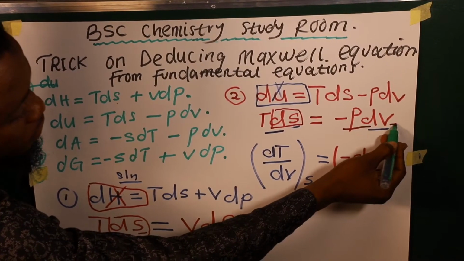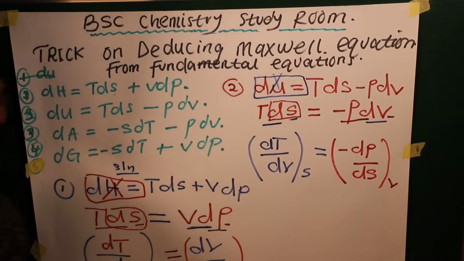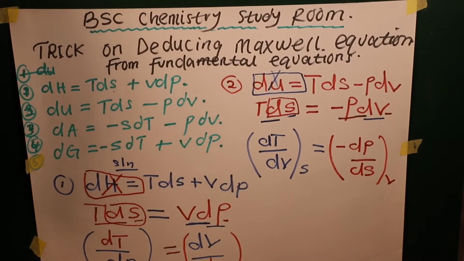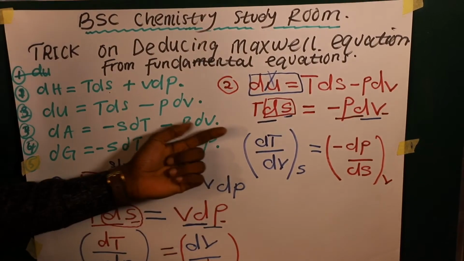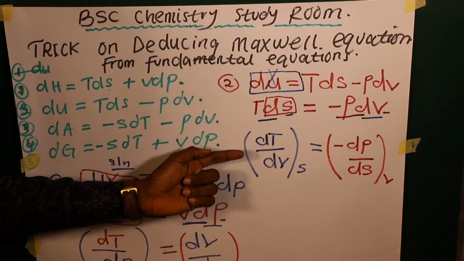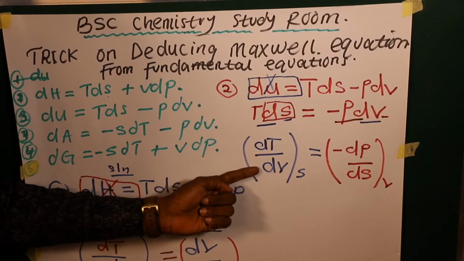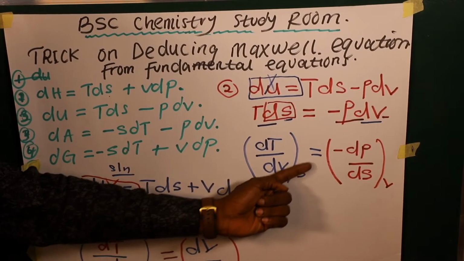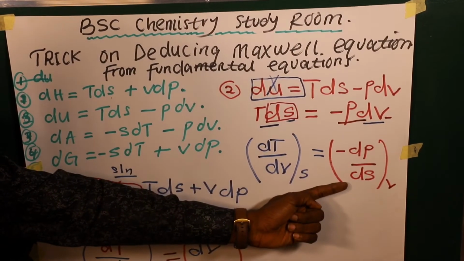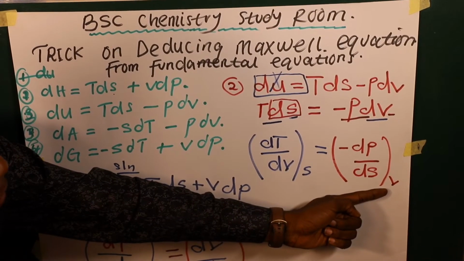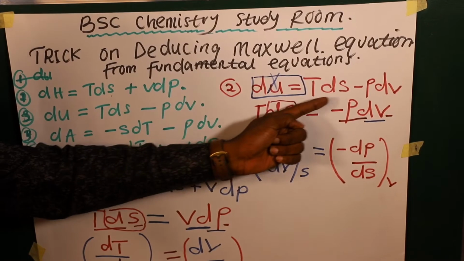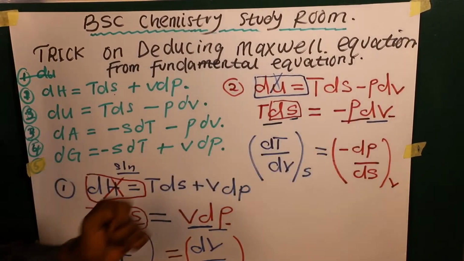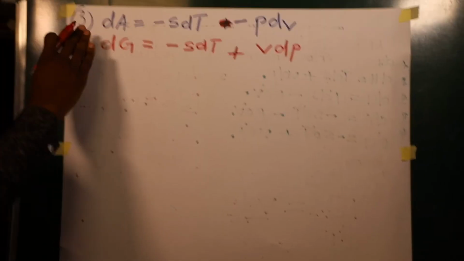We close it with respect to V. So this is the deduced Maxwell equation, and it gives (dT/dV) with respect to S is equal to (minus dP/dS) with respect to V, from the fundamental equation dU is equal to TdS minus PdV.